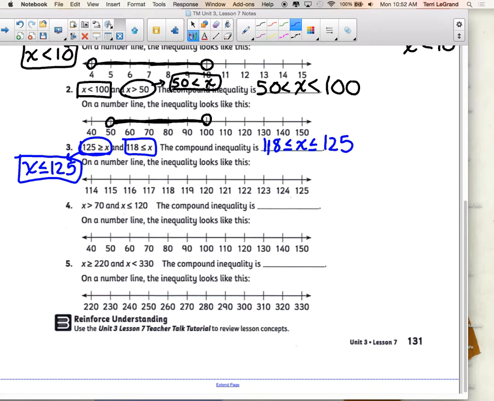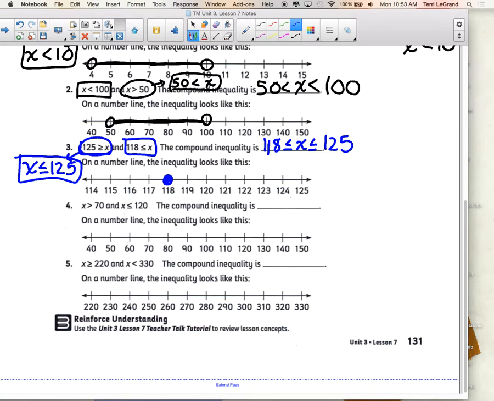Okay, I have my compound inequality statement up there, that's what yours should look like. 118 is less than or equal to x, is less than or equal to 125. And tell me something about the endpoint 118. Should I color it in like I am? Why?